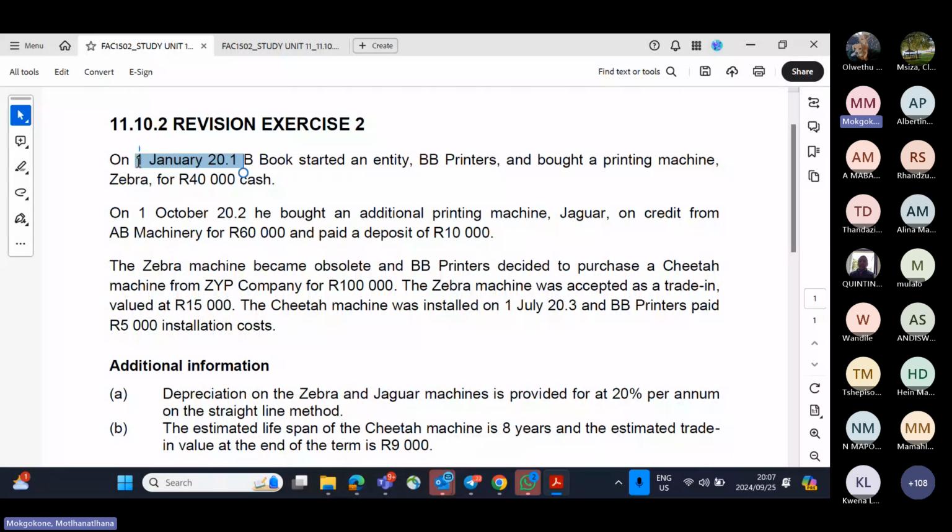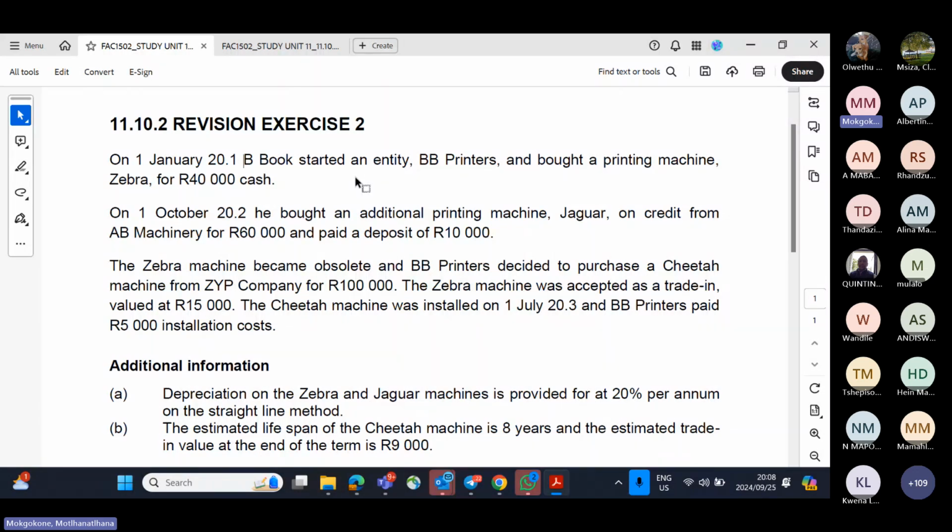For 20.1, it was 40,000 times 20 divided by 100. Financial period ended 31st December 20.1. It will be 40,000 times 20%, which will give you 8,000. Then for the next financial period, which ended 31st December 20.2, it will be 40,000 again because it's a straight line method, times 20% is 8,000 again. 8 plus 8 is how much?